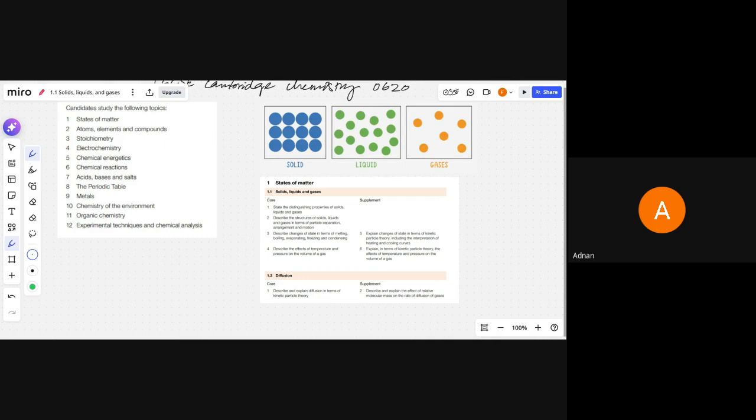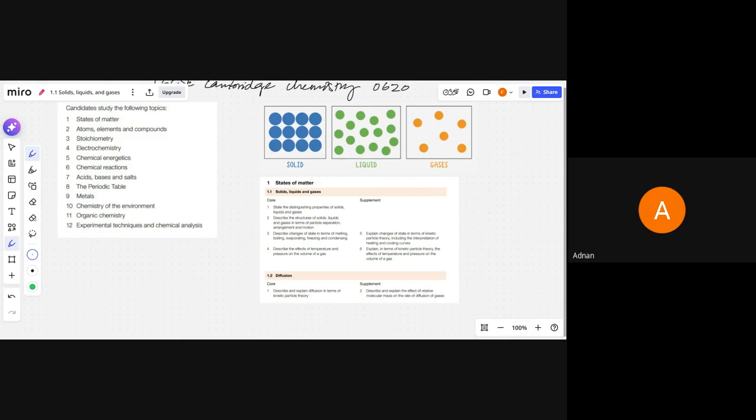And for liquids, particles are close together, but the arrangement is random. There's no pattern here. Particles are able to move past each other and take the shape of their container, and they cannot be compressed. Both solids and liquids cannot be compressed.